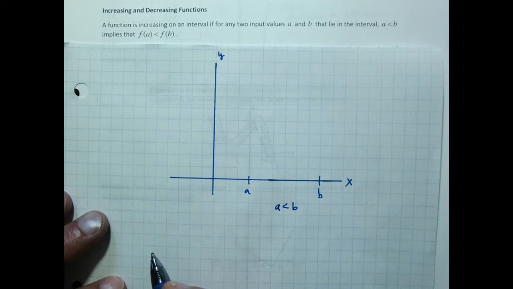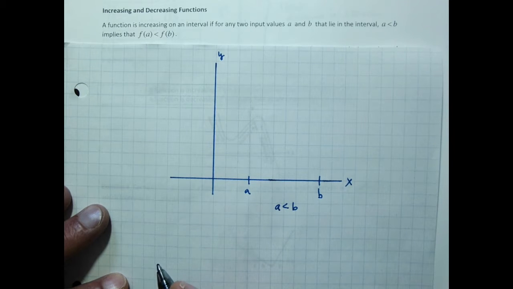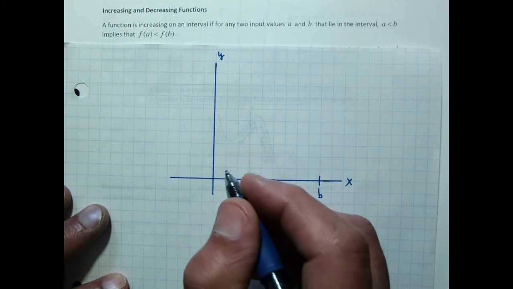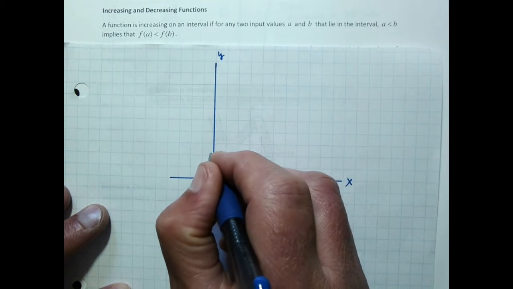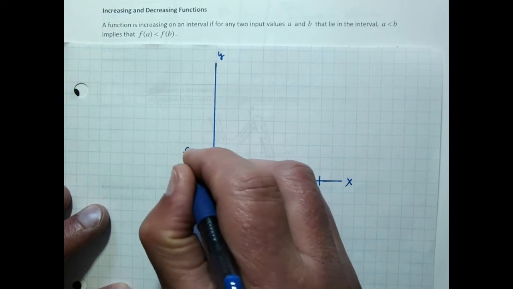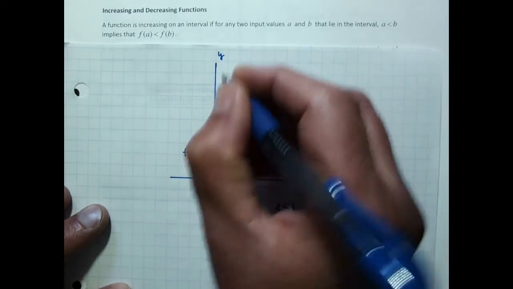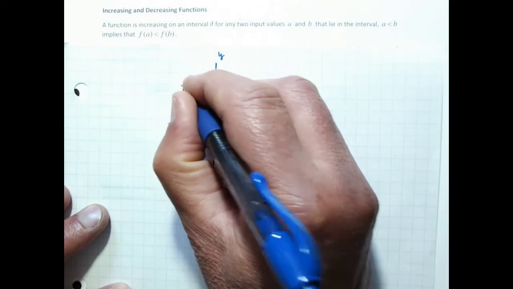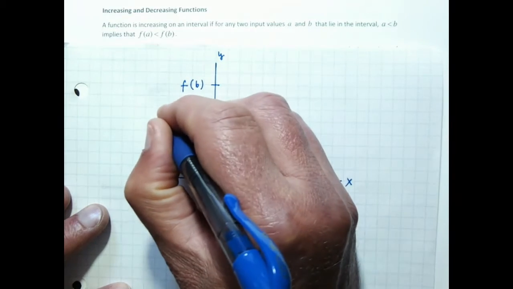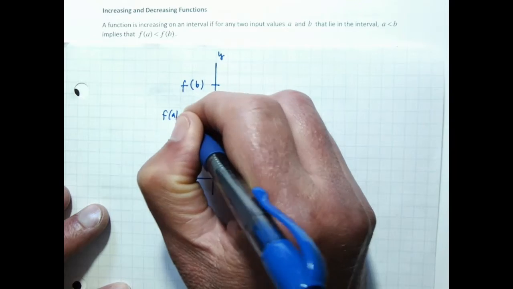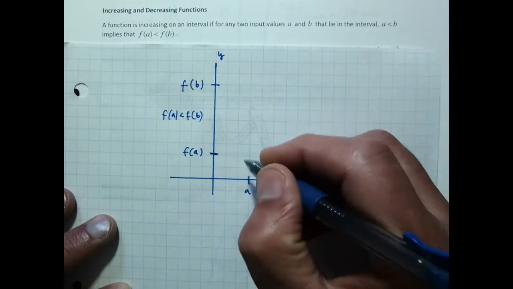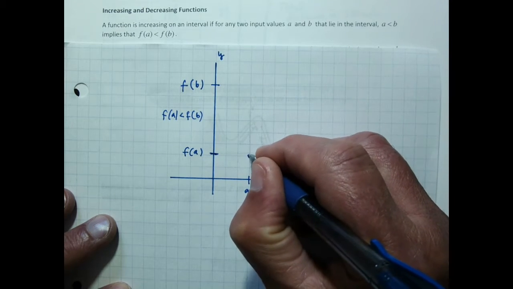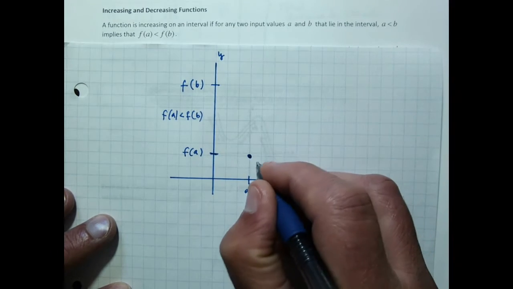Now, if f of a is less than f of b, well, f of a and f of b are output values. Those are y values. So I could illustrate those here on the y-axis. Here's f of a, it's like a y value, and here's f of b, a y value. And notice that f of a is less than f of b because it's lower on the y-axis. Now the point on the graph that corresponds to a, f of a is right here.